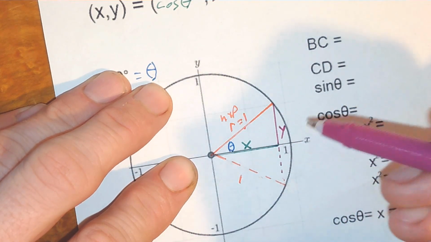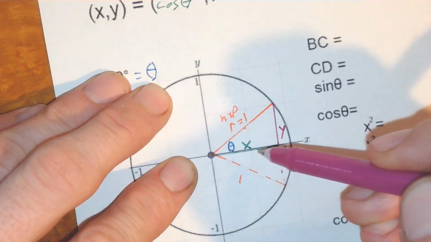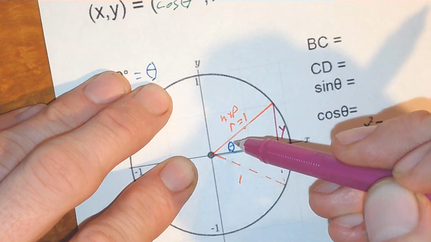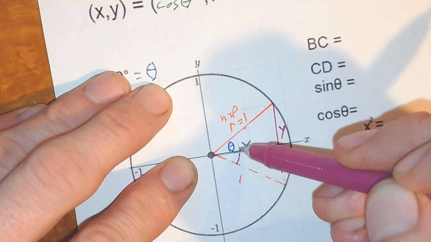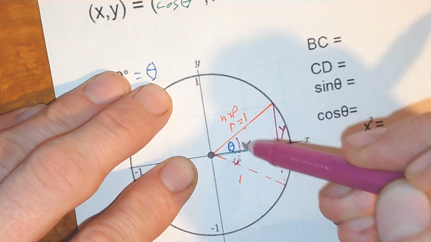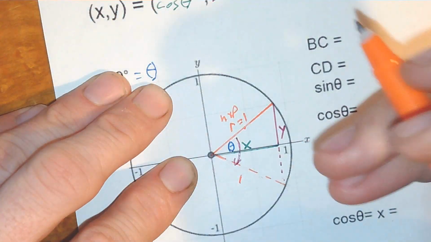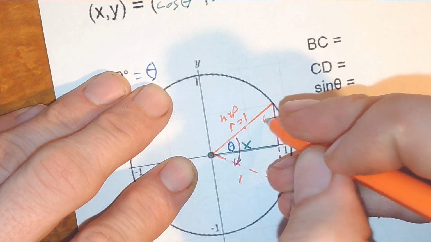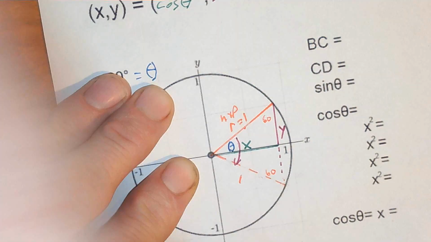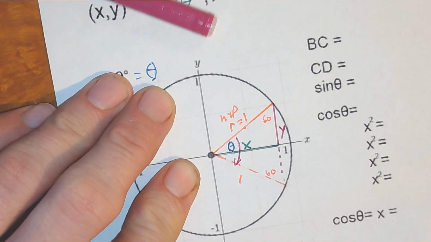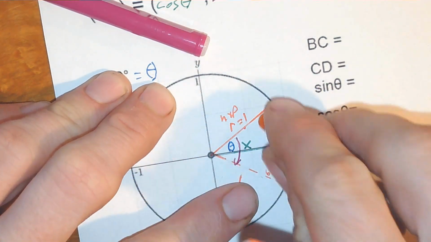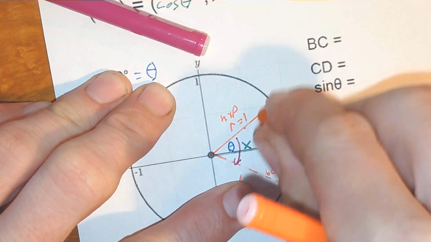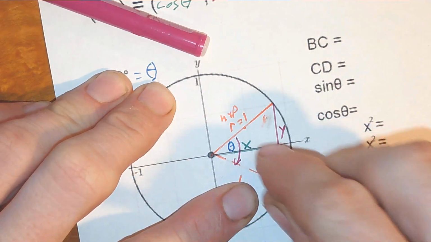And then this green x would bisect this 60-degree angle right here, right? Because this is a 60-degree angle, that's a 60-degree angle, and this is a 60-degree angle, right? But this blue one would bisect that 60-degree angle to make two 30-degree angles. Okay.